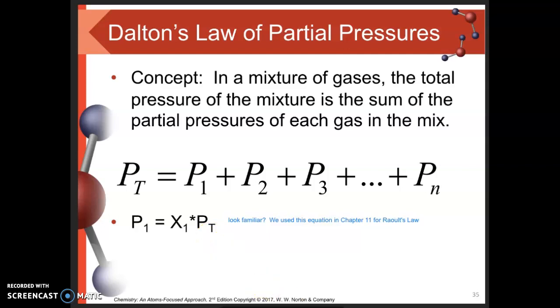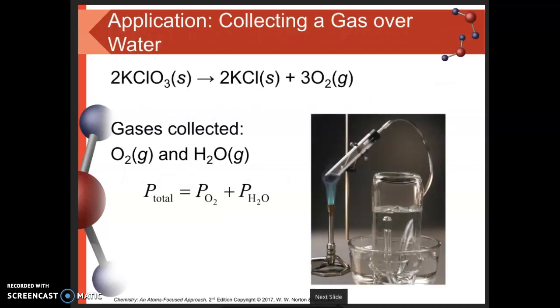Now, where this is particularly useful is in reactions where we collect gases over water. So in this particular reaction, we've got potassium chlorate, and we're lighting the heck out of it on this Bunsen burner. And what happens is, as it does, we get potassium chloride and oxygen gas.